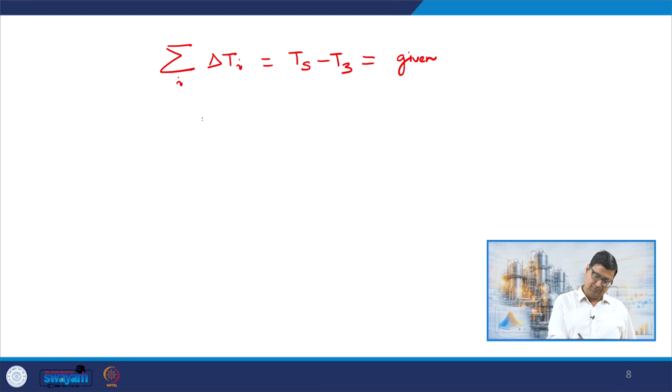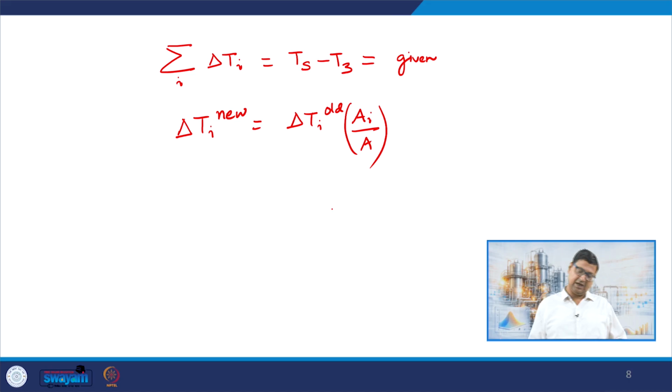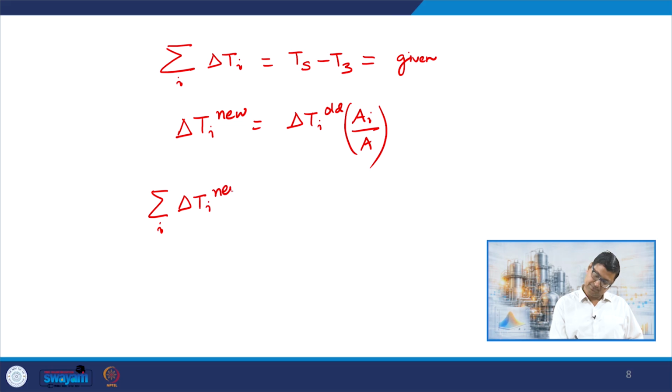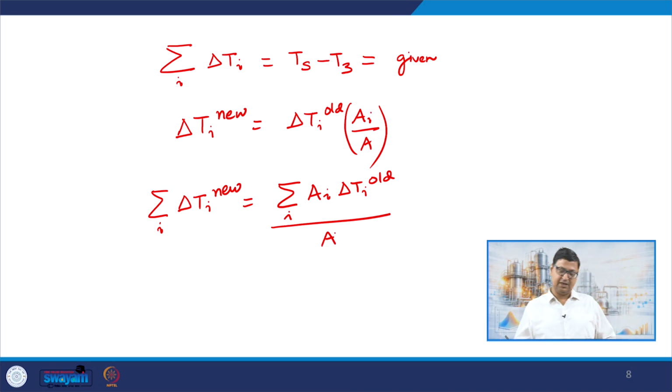So, I have just said that delta Ti new is equal to delta Ti old into Ai by A, and now I also know that I can sum them over to get the overall temperature drops, and that will give me something like Ai delta Ti old by A, right?